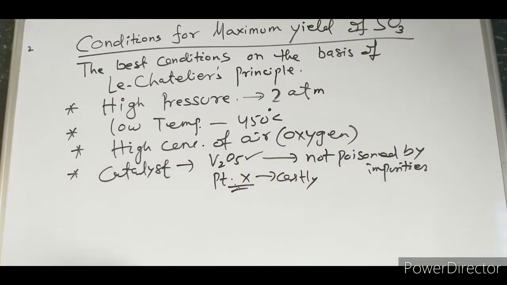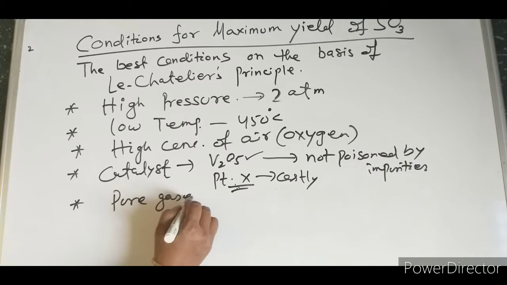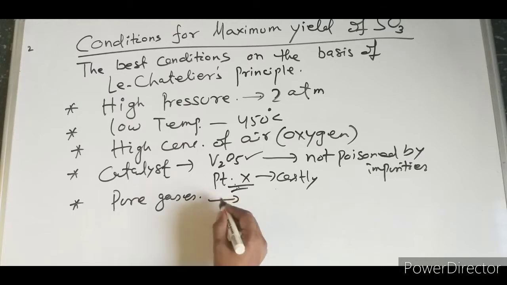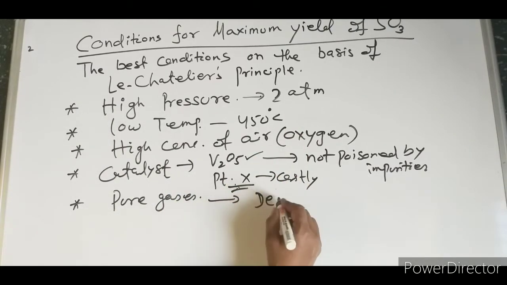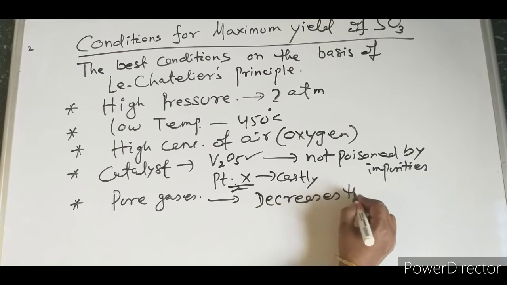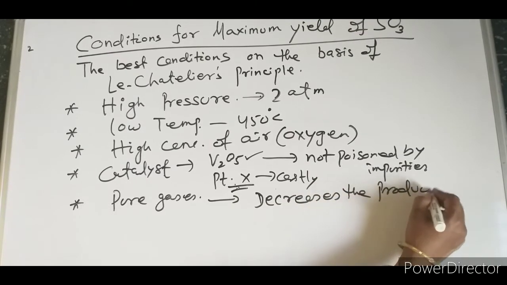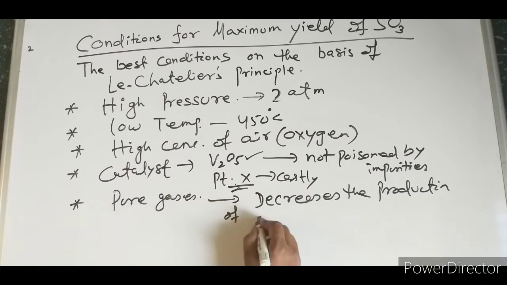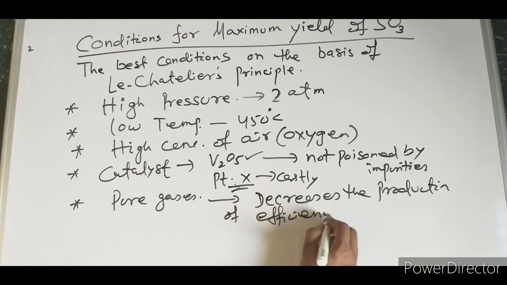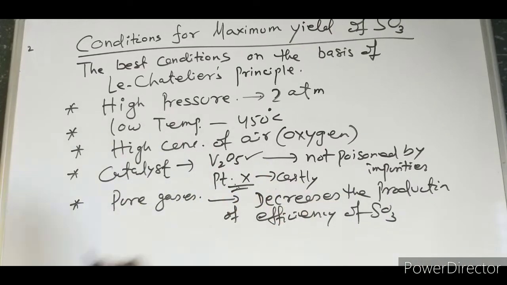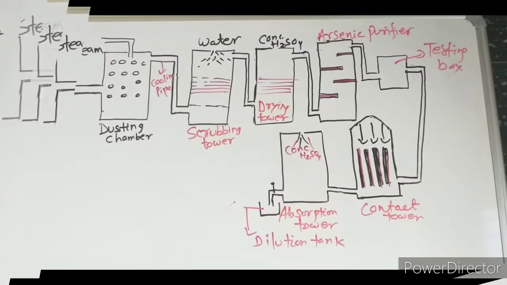Also, the gases we use must be pure, otherwise they will poison the catalyst and decrease the efficiency of production of SO3. So these are the conditions for maximum yield of sulfur trioxide.